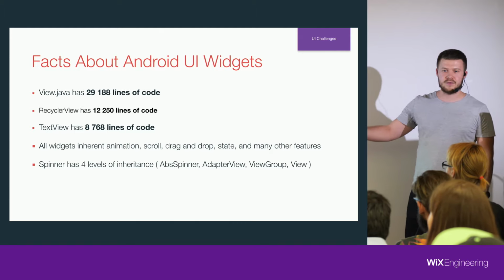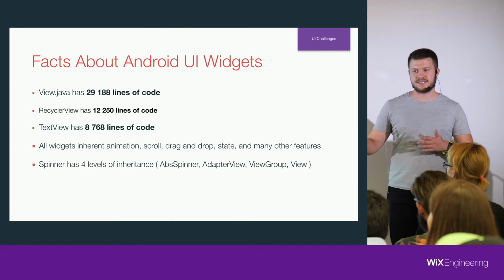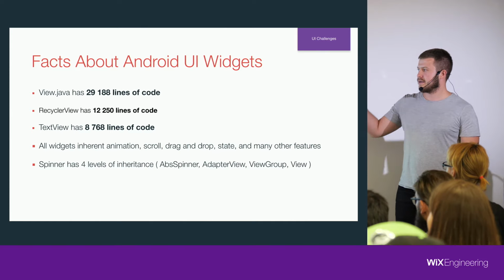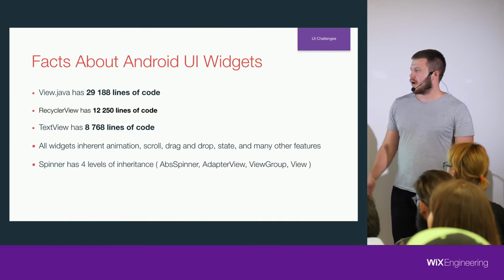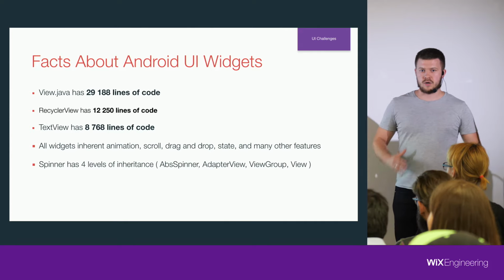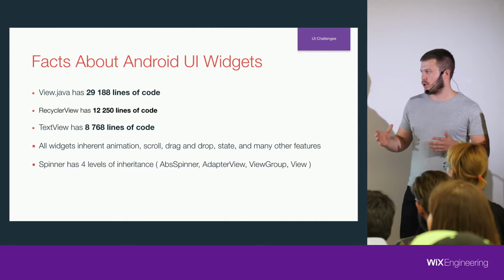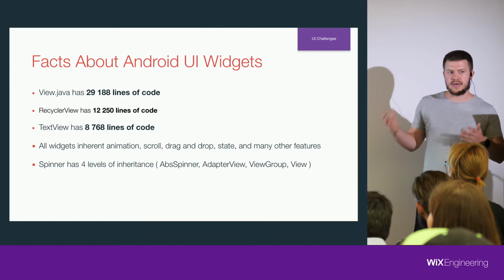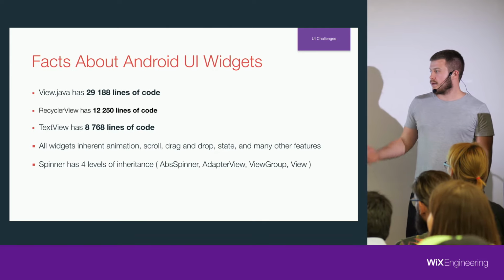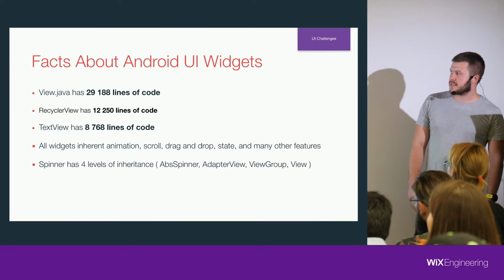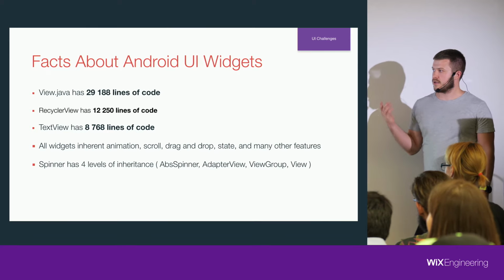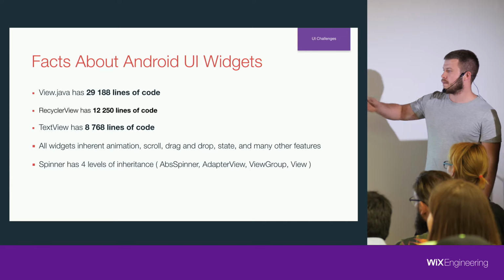Your RecyclerView, a component for displaying a list, has 12,000 lines of code. Even TextView, which just shows a text, has 8,000 lines of code. And the base class for widgets is View on Android.